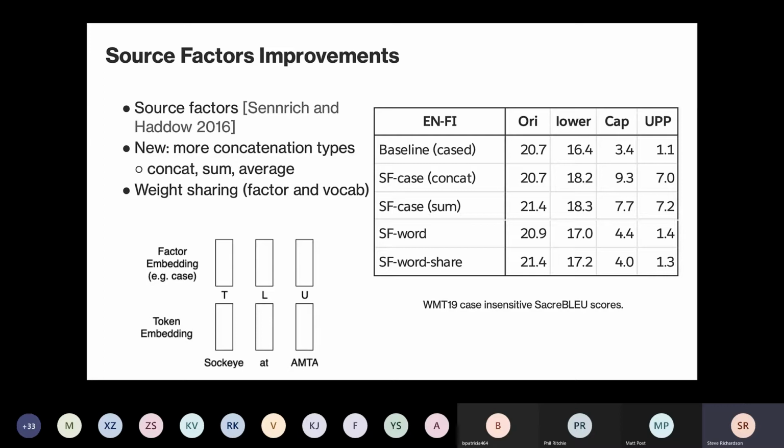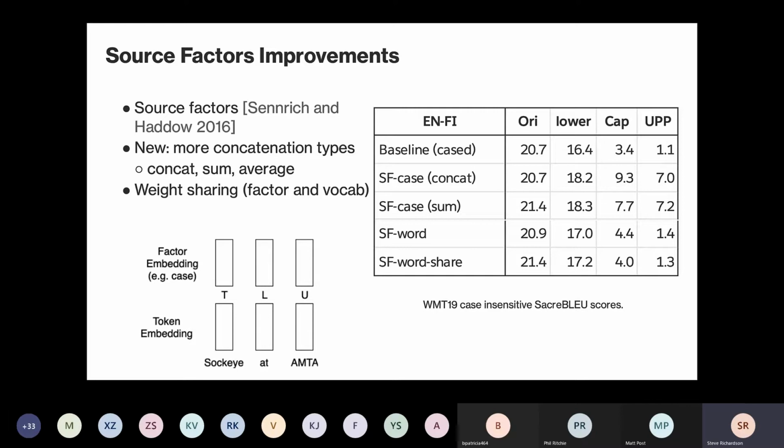Or, for example, a case factor, where you lowercase the input and then encode the case at every position through a factor. Previously, you could concatenate the embeddings of the case and the normal embedding. Now we have support for concatenation, summing, and averaging. And we also added support for weight sharing of the source vocabulary and the factor vocabulary.